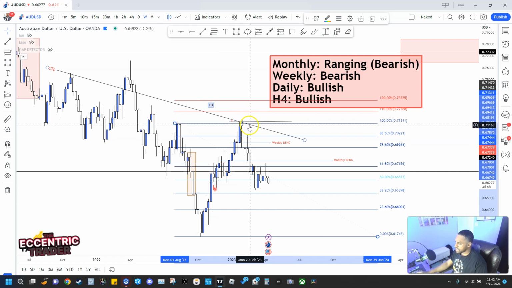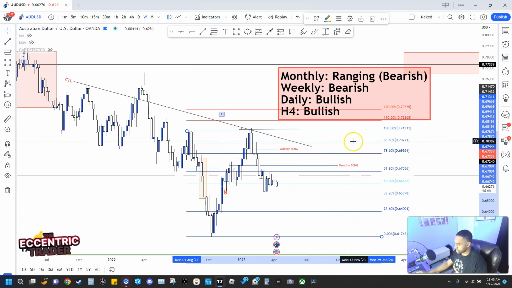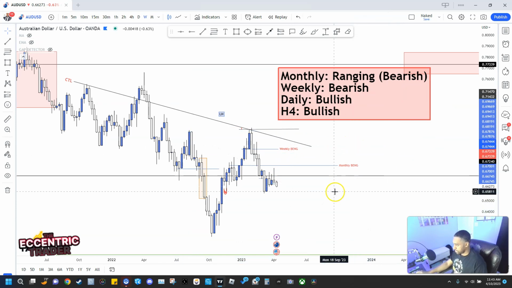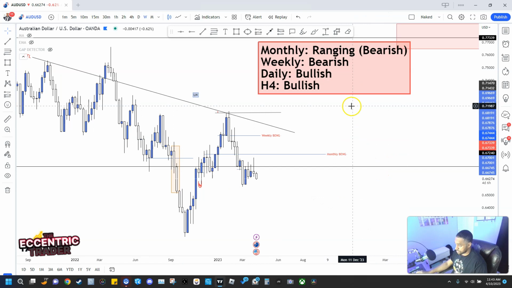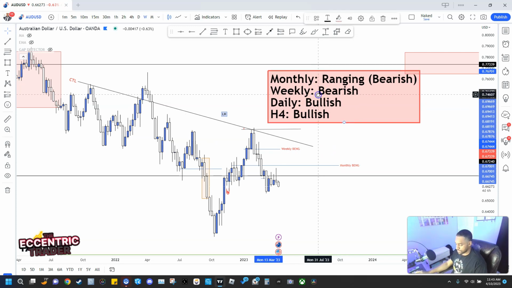And then normally when price does that, it takes a bit longer for it to come down and hit its target. But yeah, that's Fibonacci. So structurally, nothing is 100%, but the weekly is bearish based off the technicals right now. Excuse me. So let's go to the daily real quick.